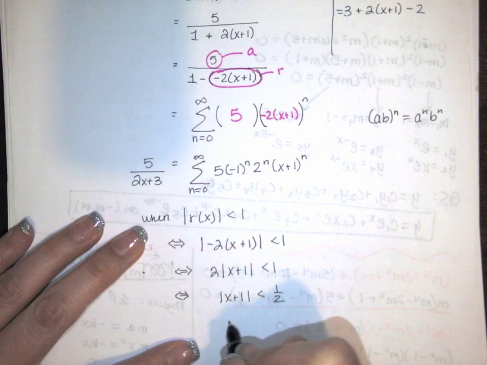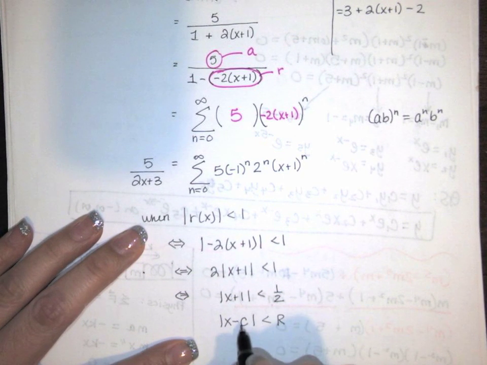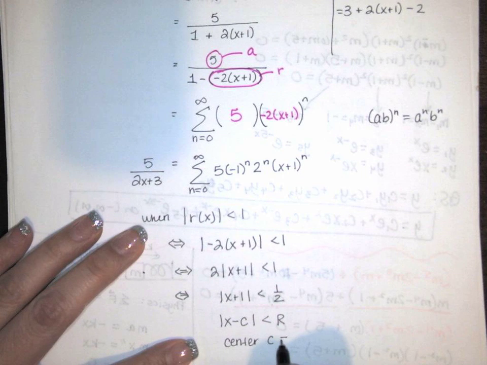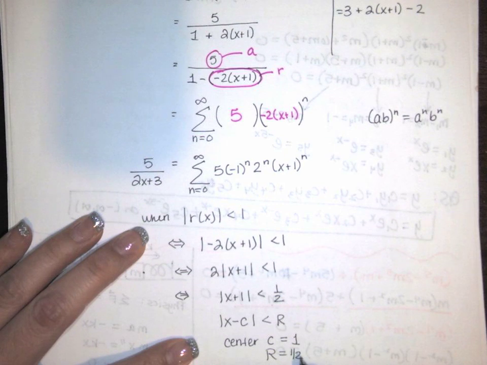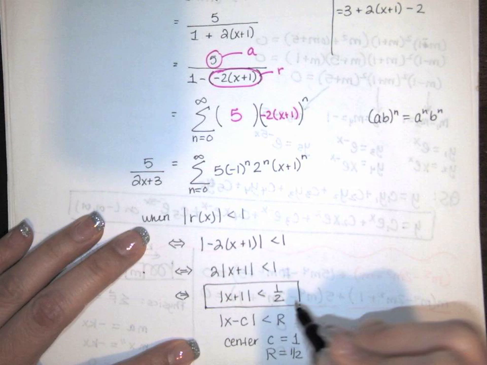Now, through pattern recognition, through pattern matching, you can see that the center is negative 1 and r is 1/2. So we're going to center ourselves at negative 1 and we're going to add and subtract 1/2 from it. That's one way of doing it. You could write your interval of convergence that way.